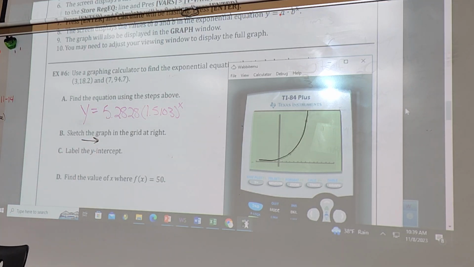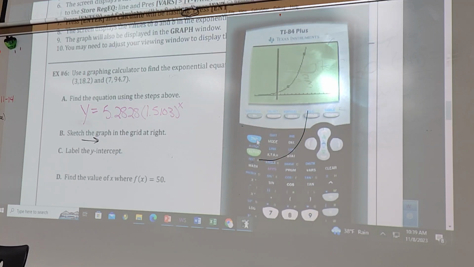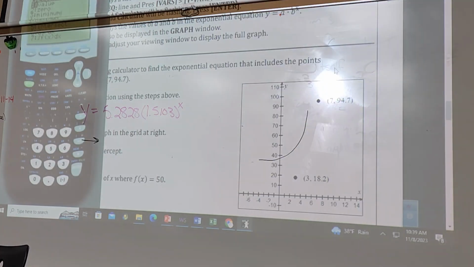How am I going to find the y-intercept? It's just a, right? What if you didn't know a and you had the graph? Is there a way I can do it with my calculator? Second, calculate, value, right? What should I plug in for the value? 0. Let's see if it matches my a. I got 5.2828. It works, guys. Math.